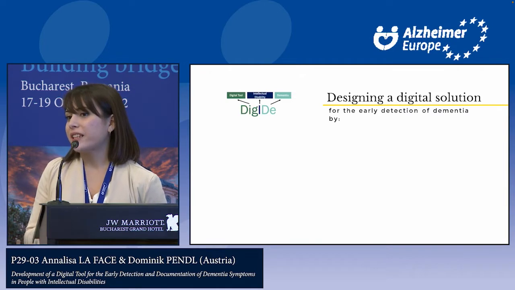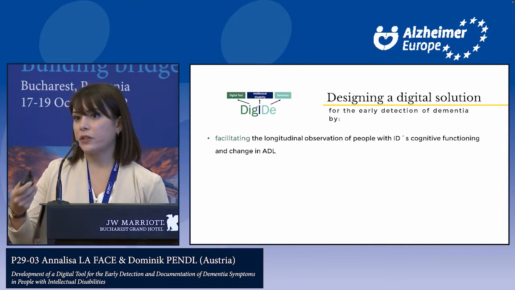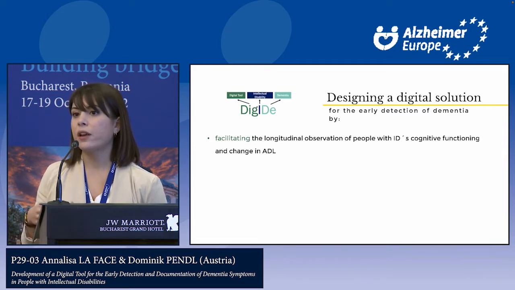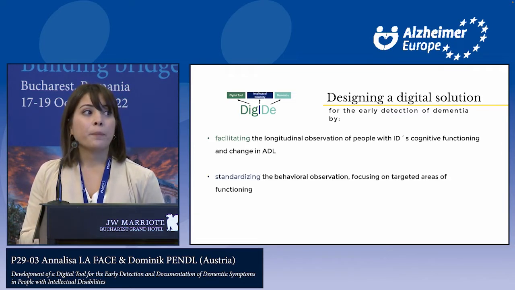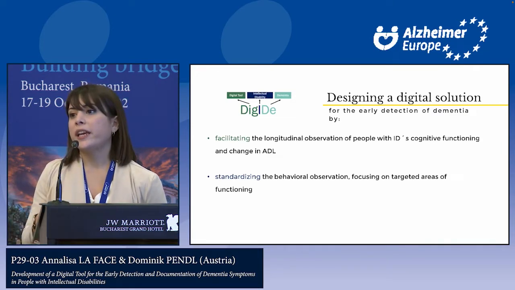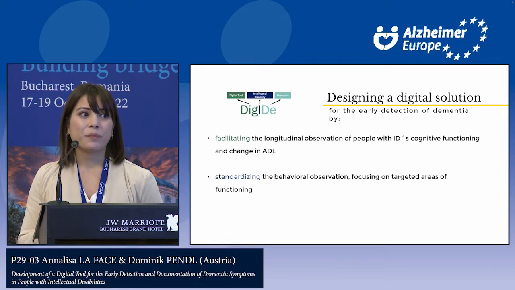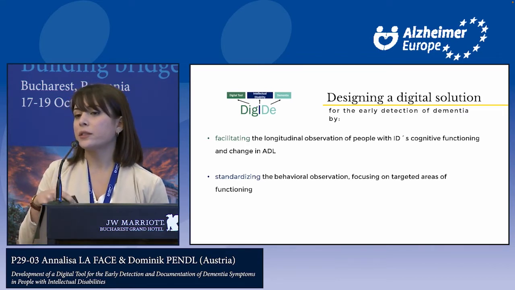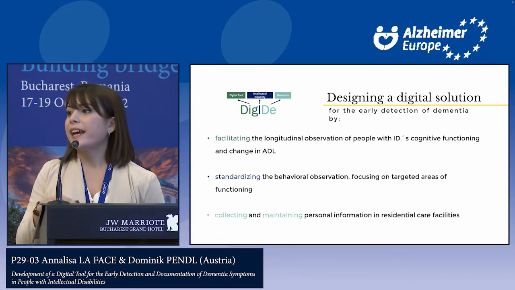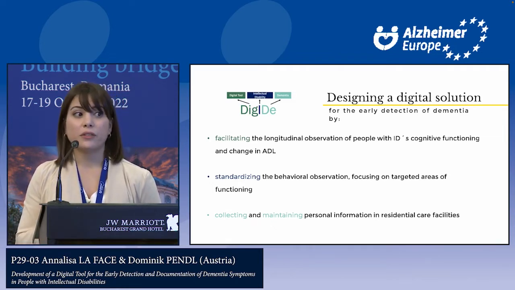That's why we'd like to design a digital tool to address this problem that should facilitate the longitudinal observation of the behavior and capabilities of people with intellectual disabilities living without the family, so in care facilities, but also standardize the observation from caregivers of their behavior and emotional responses over time, focusing on the areas in which the first symptoms of dementia usually occur in this population, but also collect and maintain personal information as long as possible for people living without the family.